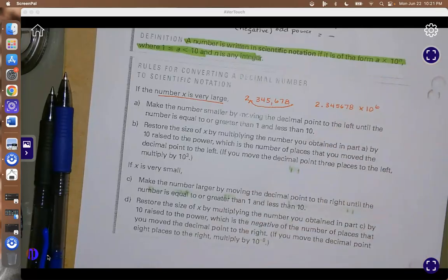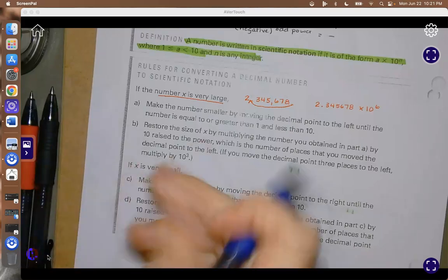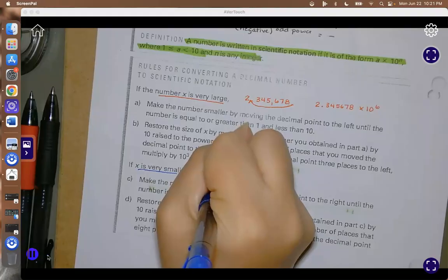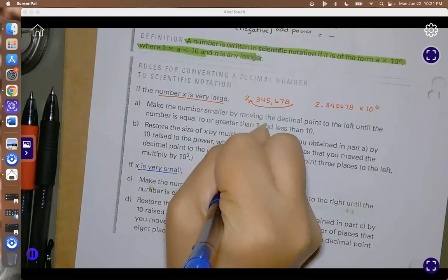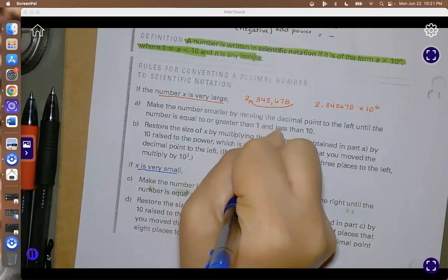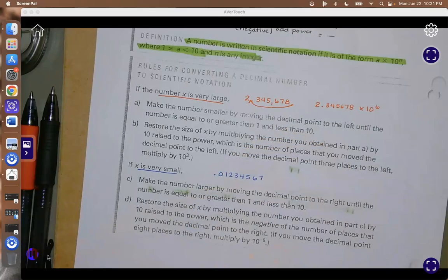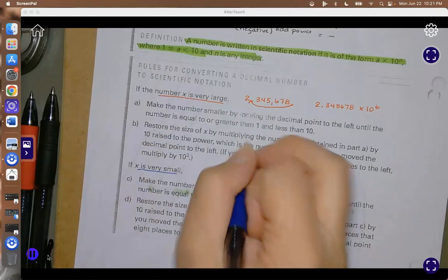Okay? If the number is very small, let's say it's 0.01234567. Okay, let's say that's our number. You have to move it to a number that's at least 1.